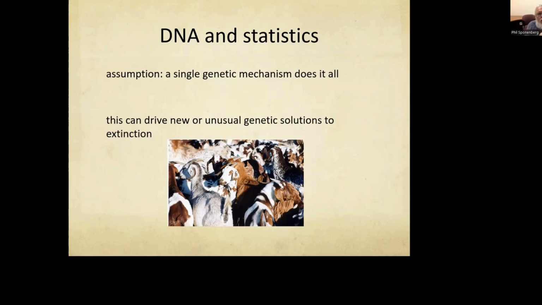And so the danger there is that if you have a real common breed, and then you use the DNA techniques to determine what that breed is doing, then if you have a different breed with a different genetic mechanism and you expose that to the same DNA probes, you may be overlooking something and you may actually be driving something to extinction.